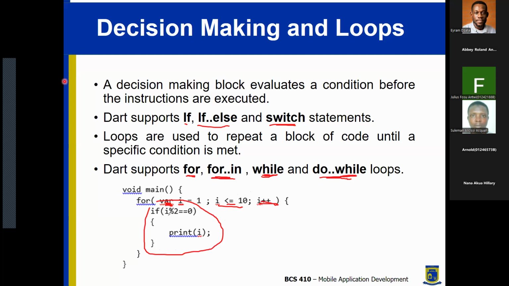So if, then you specify the condition. If i mod 2 gives you a remainder of 0, if this is true for i, then you print out i. That is how decision making and loops are implemented in that programming language.